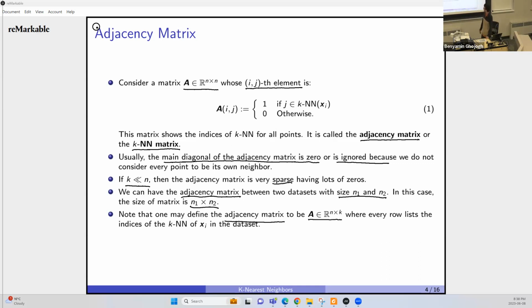Another definition of the adjacency matrix might be this: n rows and k columns, where every row lists the indices of the KNN of xi. So the ith row has the indices of the k nearest neighbors of xi. This is another way to define the adjacency matrix.